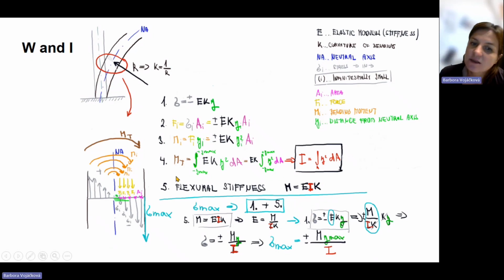The section modulus is what we use when we want to see the maximum stress acting in the stem.